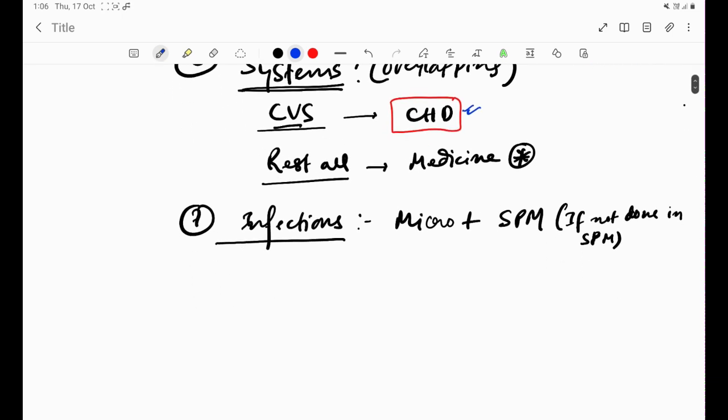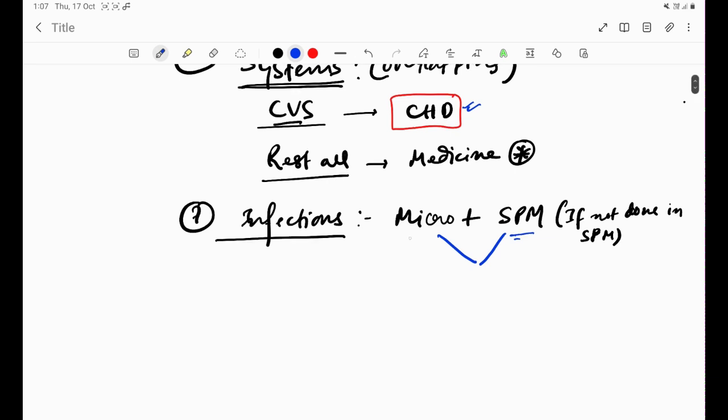Again, for infectious diseases, the bacterial and viral infections and everything, you can read them up by mixing up micro and SPM. If you have not done it from SPM, then you can do it from pediatrics. But most people do it from SPM and micro, because the questions are mostly asked from the SPM perspective.